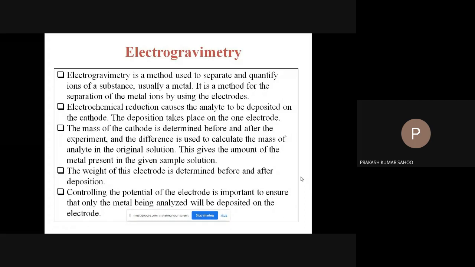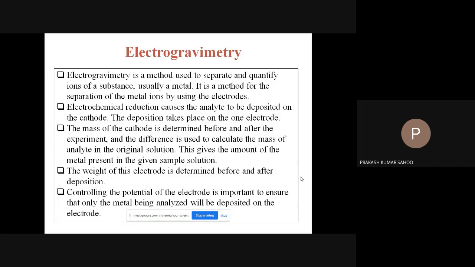So here the electrodes applied are both noble metals or neutral electrodes. Generally platinum is used. The metal in the solution, that is in the electrolyte, is separated at the cathode, and this platinum cathode is weighed before the analysis and after the analysis.